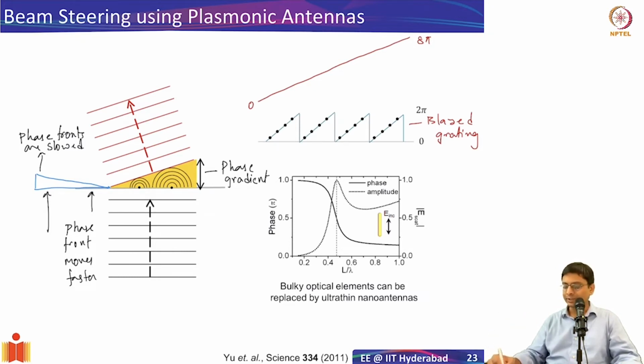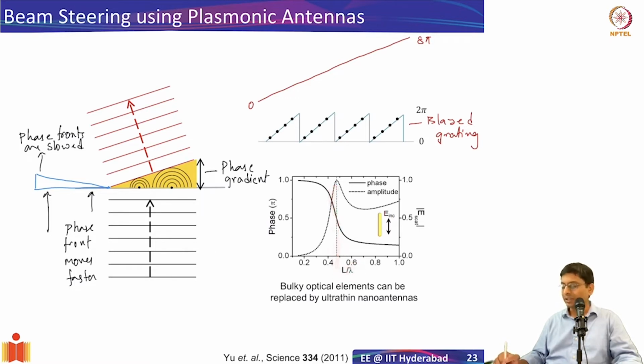Let's consider a situation where I have a simple rod. Okay, this is a PEC rod. Now PEC means perfect electric conductor. If I have such a metallic rod of some dimension, and I fix my wavelength and scan the length of the rod, I'll see that this antenna exhibits a resonance, and in this case the resonance is exhibited around, let's say, 0.45 or 0.48 in the L by lambda units.